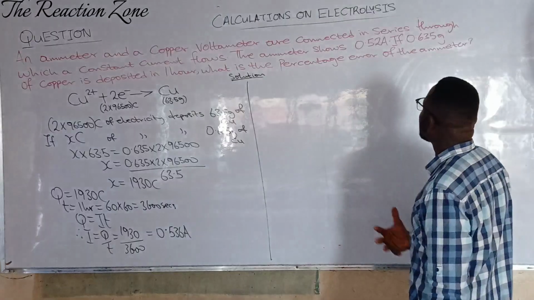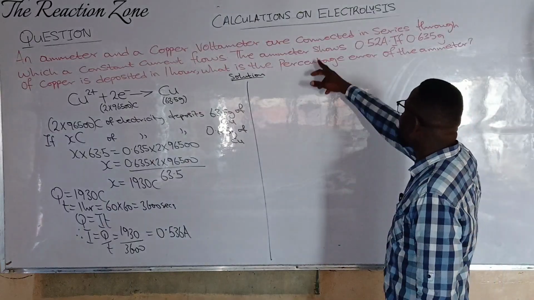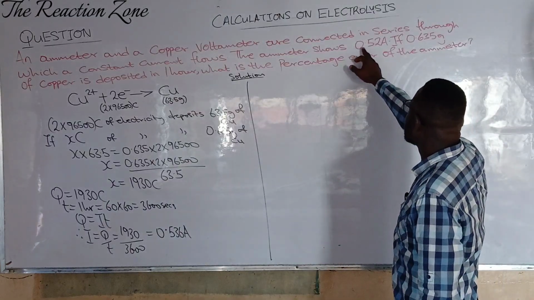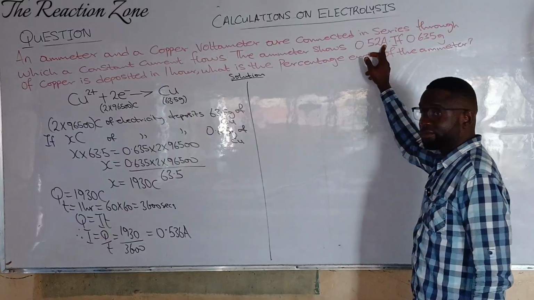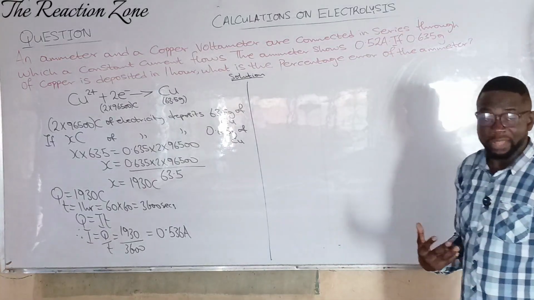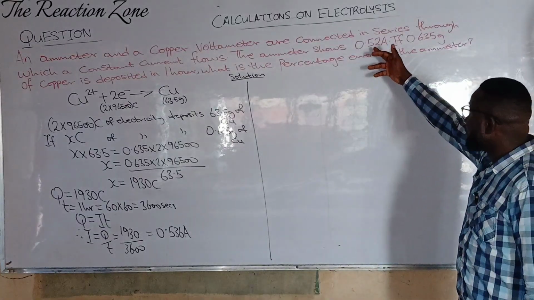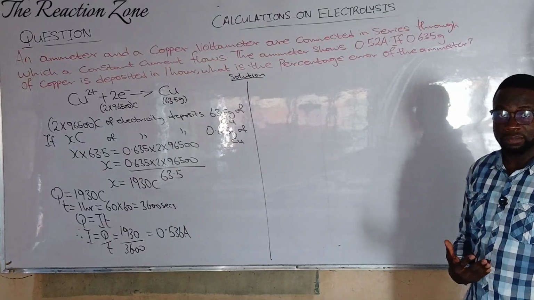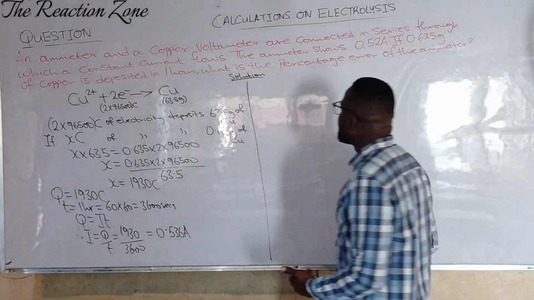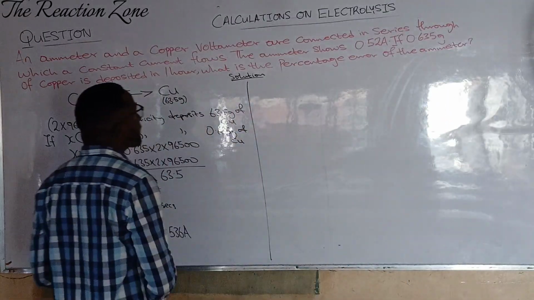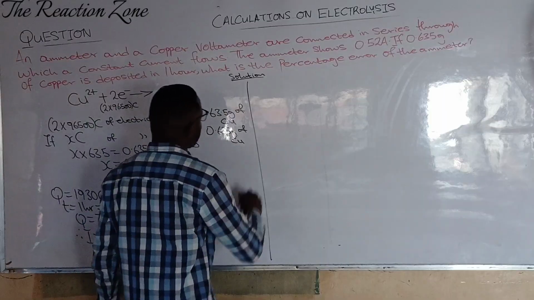Now, according to the question, we are told that the ammeter shows 0.52 amperes, meaning that the reading from the ammeter is faulty. It's not correct. So, we're told to find the percentage error of the ammeter.